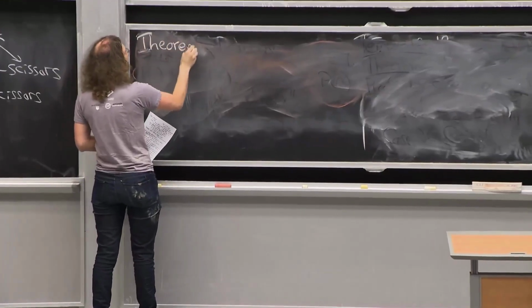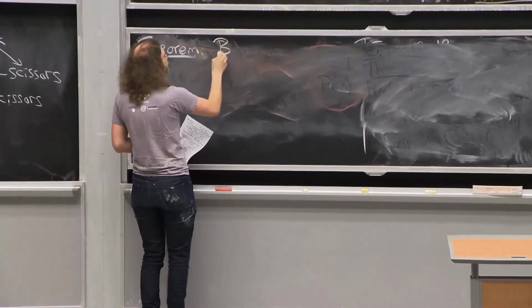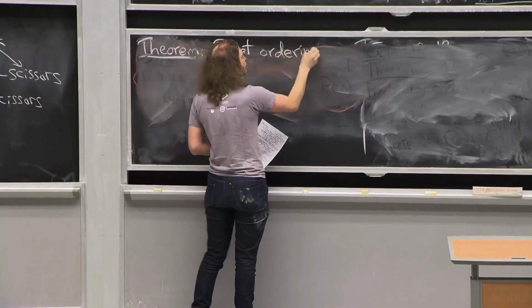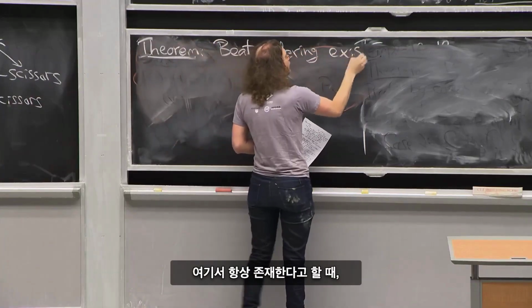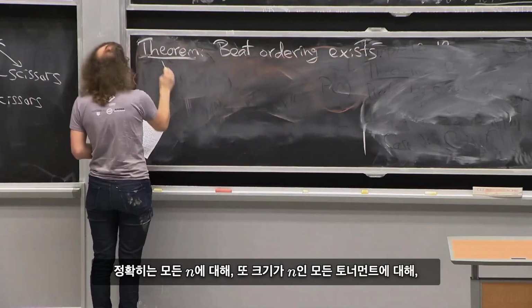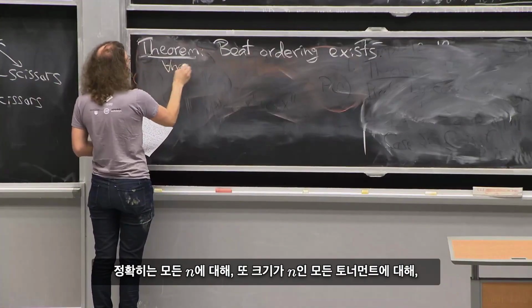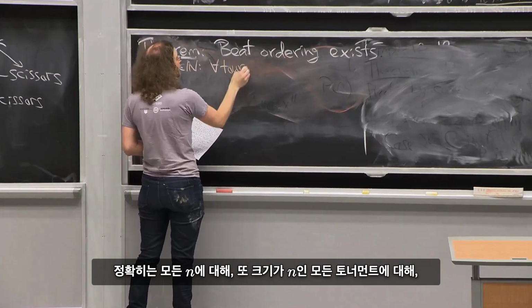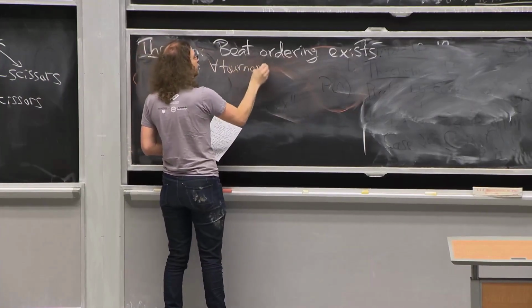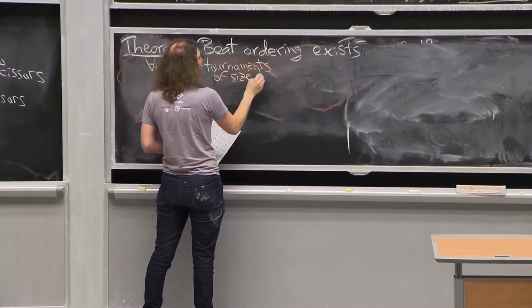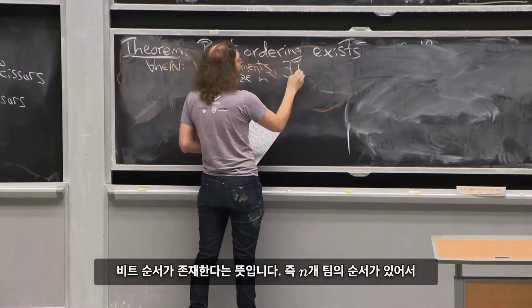Theorem: and when I say this always exists, what I really mean is for all n, and then for all tournaments of size n, there exists a beat order.